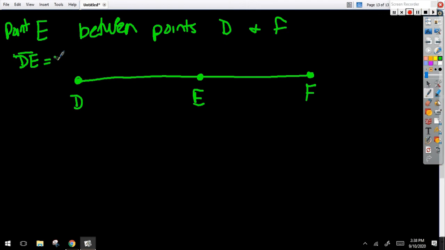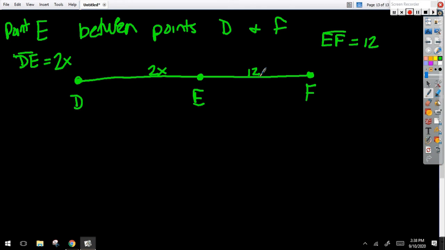Okay? And let's say that DE is 2x. So this area here is 2x. Let's say that EF is 12.